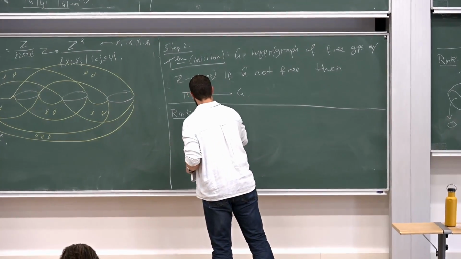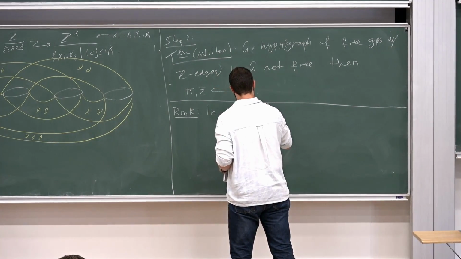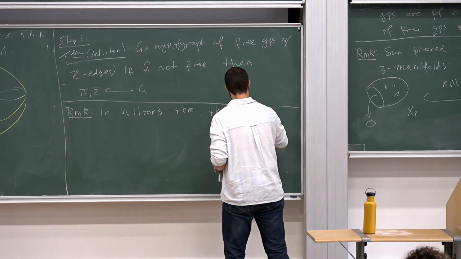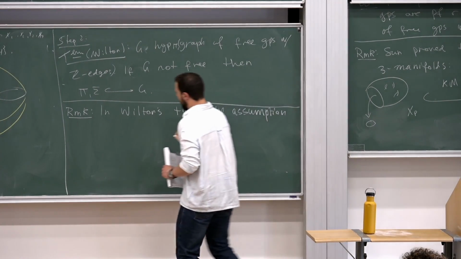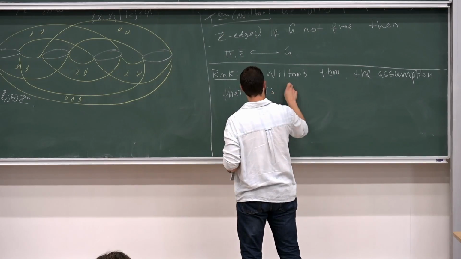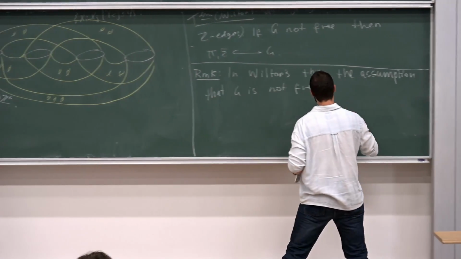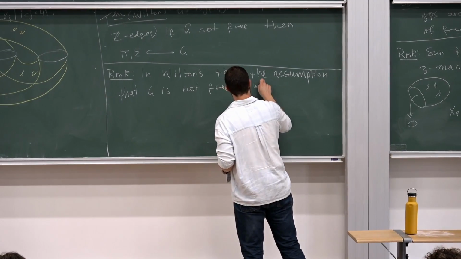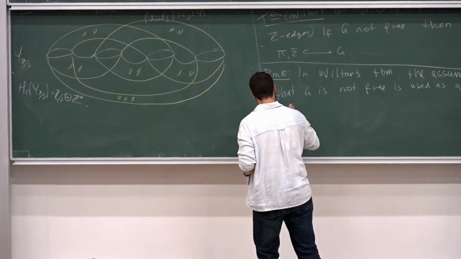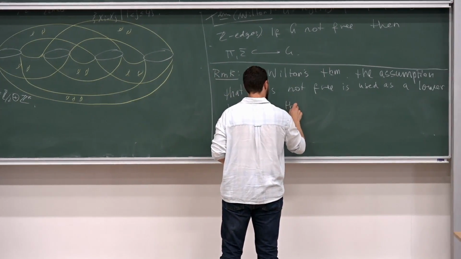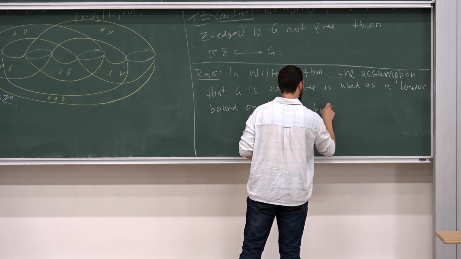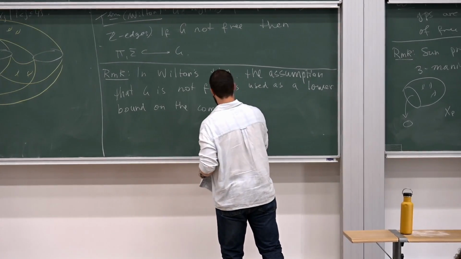In Wilton's theorem, the assumption that G is not free is used as a lower complexity bound, so we get a lower bound on the complexity of vertex links in the corresponding 2 complex.